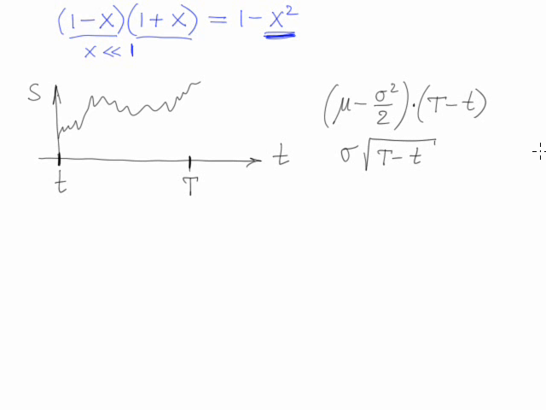So what this means is, if we write the rate of return on our stock as the natural logarithm of S_t divided by S small t, this is a random variable, because S small t is constant, but S large t has a distribution.